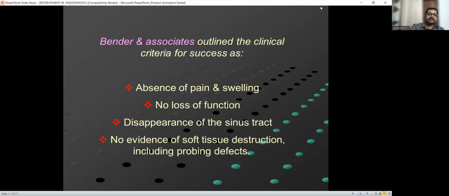All these things together constitute the successful criteria for a root canal treatment.